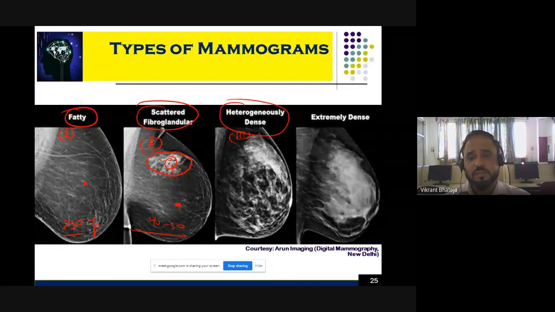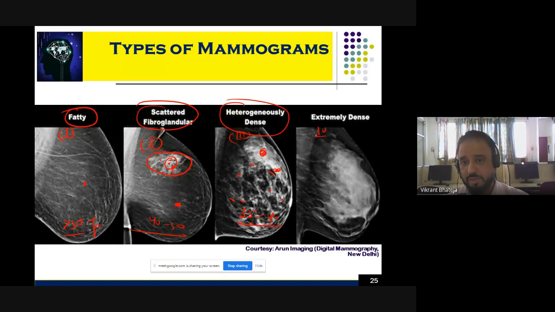Then the third category is your heterogeneously dense breast images, and here you see that there is a dense cloud of background tissues, and again in this white background, if you have certain hidden tumors, locating them is a challenge, and certainly this is between the age group of say 35 to 40 years.